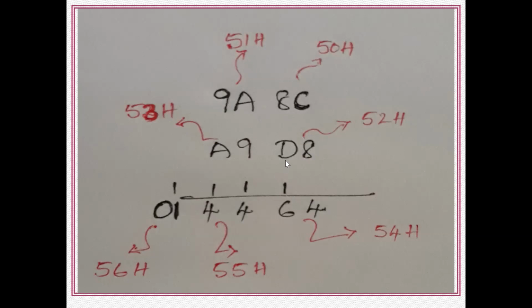And next one, D is 13, plus 1 is 14. 14 plus this 8 is nothing but 22. So 22 can be written as 16 plus 6. So 16 is propagated. Here 1 indicates that 16, because it is base 16 hexadecimal.